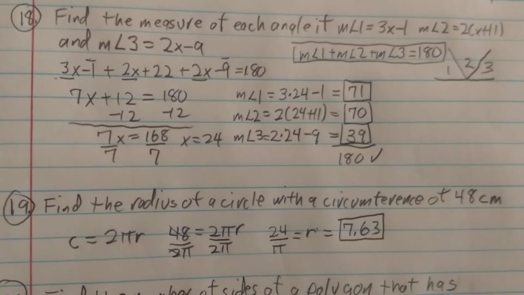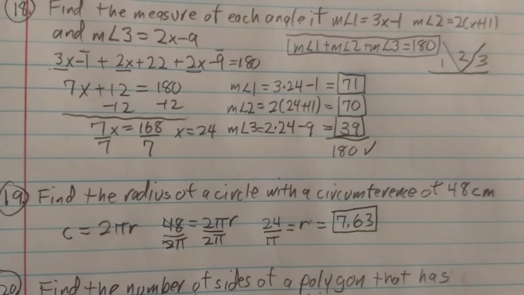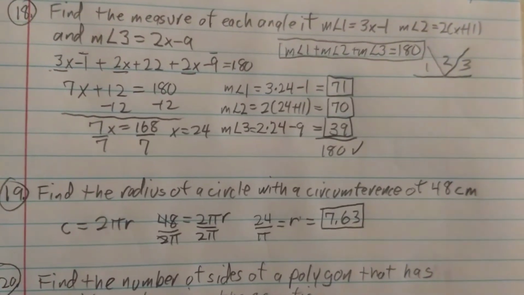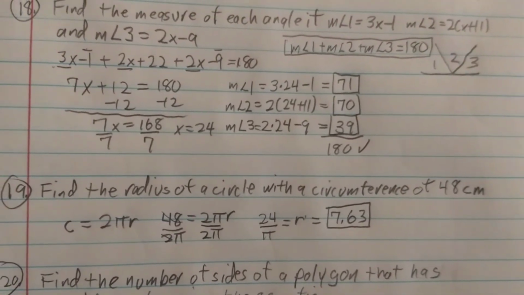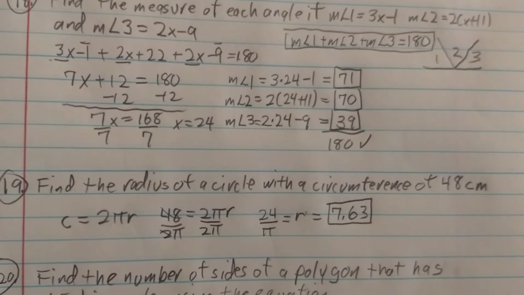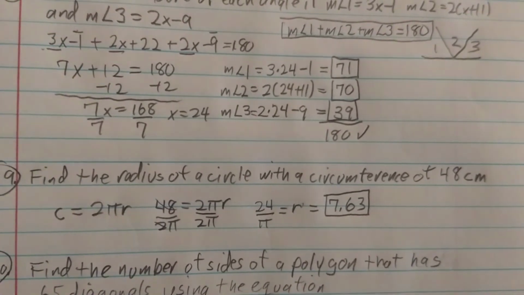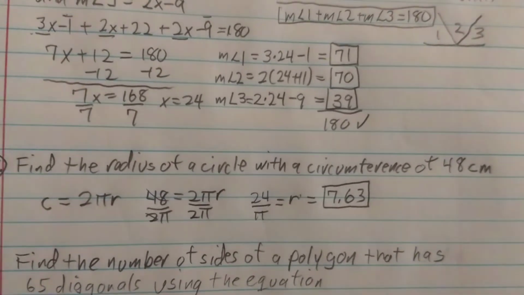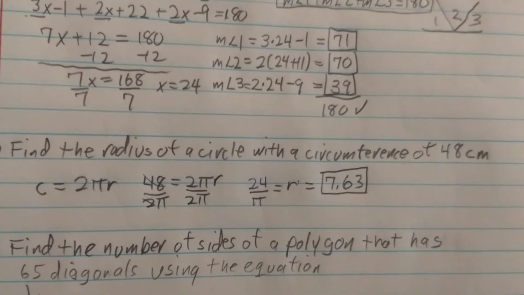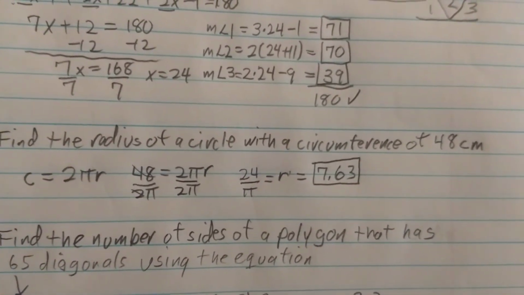So 3x - 1 + 2x + 22, multiplying through the parentheses, + 2x - 9 equals 180. And then the 3x + 2x + 2x is 7x. And the 22 - 1 - 9 is 22 - 10, or 12. And then 180 minus 12 is 168. And dividing both sides by 7 gives us x equals 24.